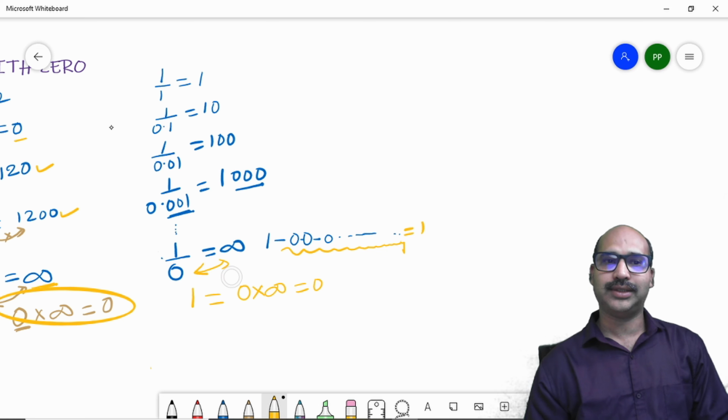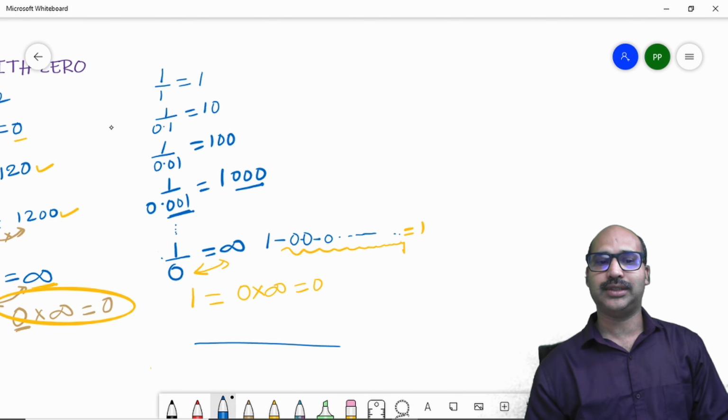Also we can address the same concept with negative numbers. Why can we consider negative numbers? Because let us consider this is the number line, here is 0, here is 1 and here is minus 1. Somebody can approach 0 from 1 and somebody can approach 0 from minus 1.